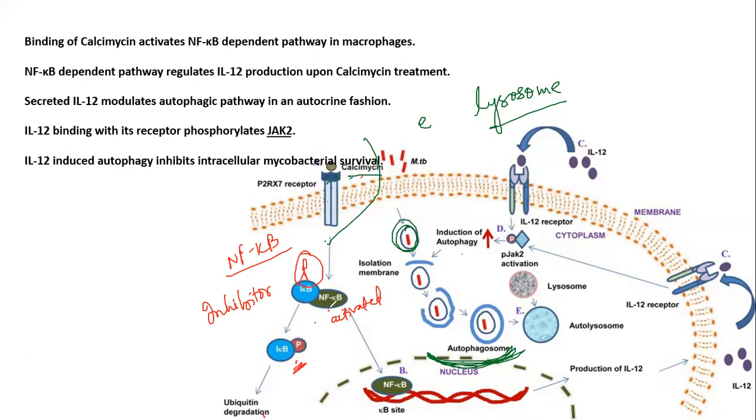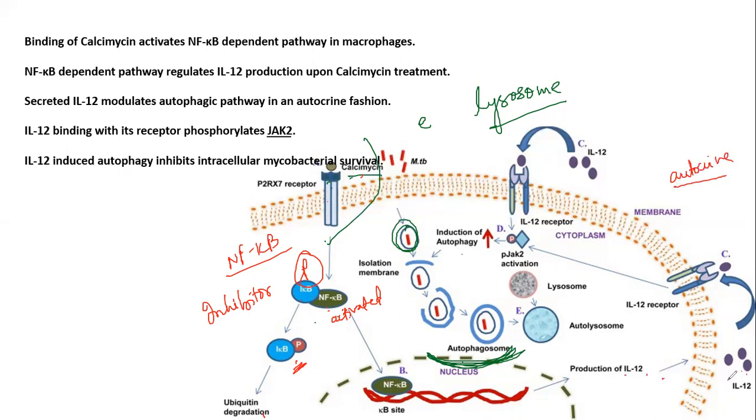As I mentioned before, NF-kappa B is a transcription factor. So this will be recruited inside the nucleus, where it binds to the gene and gives the interleukin production. Now interleukin is getting produced. What is happening? They go and get released. This is your autocrine signaling now.